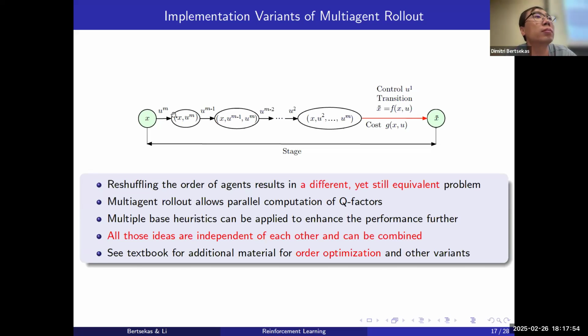Yes. No. In the implementation I am going to show shortly, you use a particular order and you do optimization, one agent at a time. If it works, you go to the next stage, but you need to keep track of the previous order in which you have optimized. And then you stick to that particular order as the starting point to do the optimization one agent at a time.